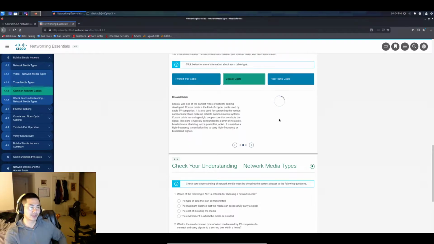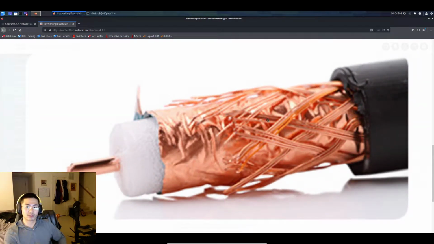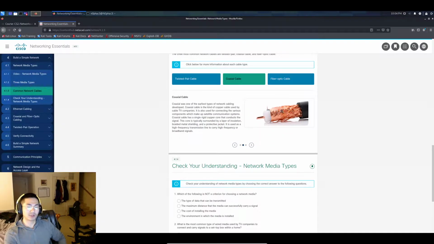Coaxial cable. I think we all have seen these bad boys before. If you got older television sets, that's probably where you've seen those plugged in. I remember DSL.